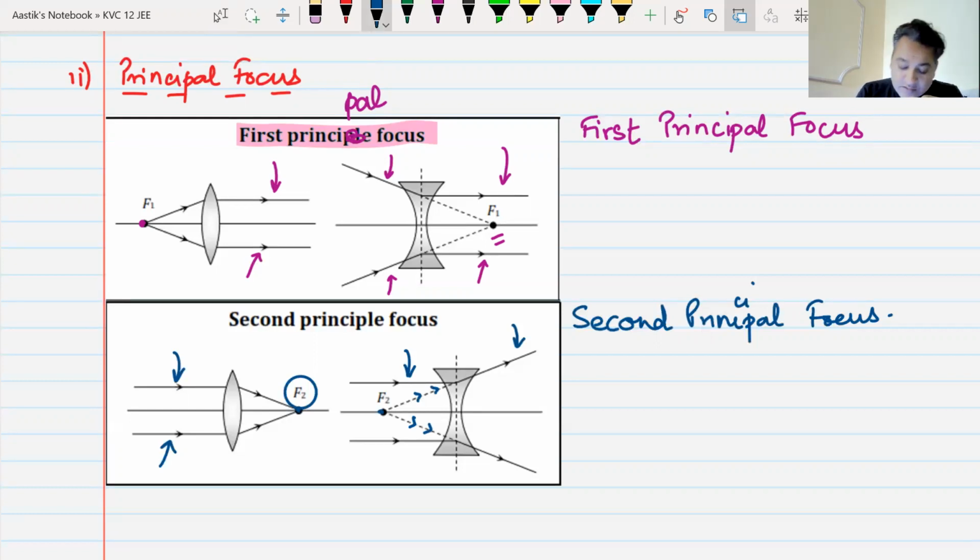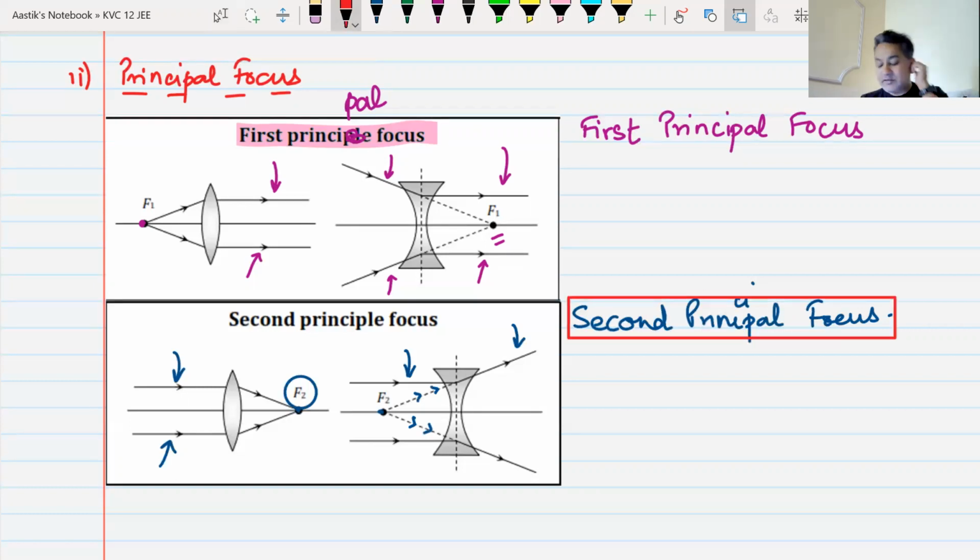Yes, sir. Now, whenever we talk about a lens and we talk about the focal length of the lens or the focus of the lens, we normally do not specify which focus we are talking about. But even if we don't specify, remember, we are always talking about the second principal focus.